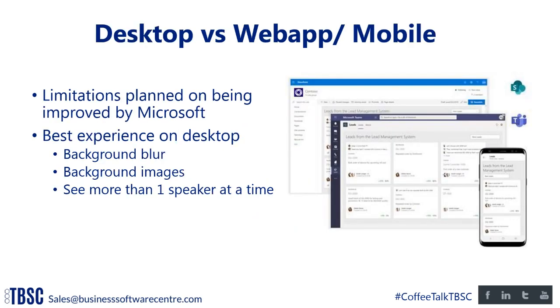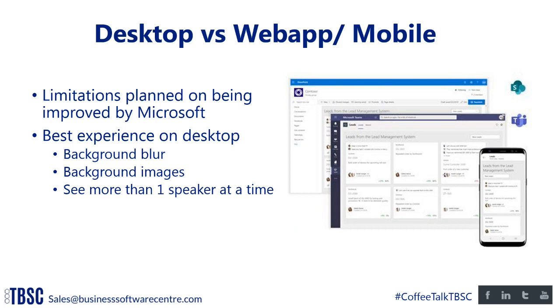Now, there is a difference between the desktop versus the web app and the mobile app, and Microsoft is working on these limitations, but I would say the three big limitations that I've experienced are these. On the desktop, you have the ability to blur your background or have different background images, just to provide less distraction.